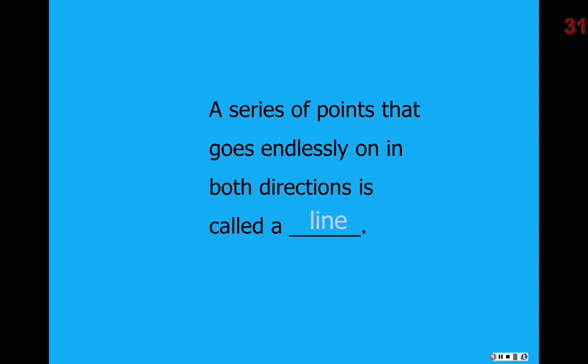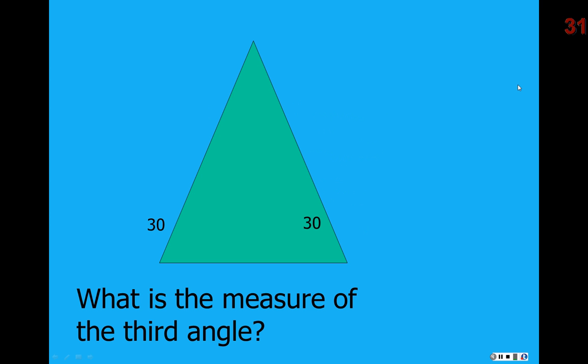Come on. What is the measure of the third angle? This is 30 and this is 30. What's this one? Stop guessing and give me the right answer, please. How would I do it, you guys?